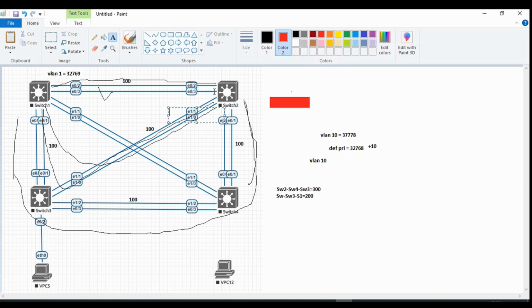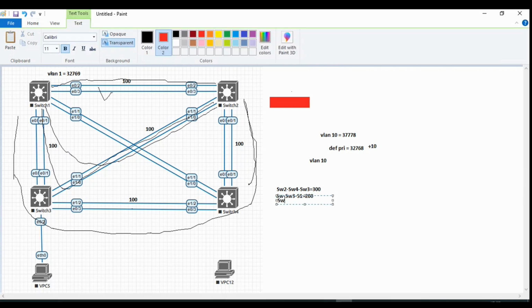Now we have the closest path, which is directly connected to the root bridge switch, and the cost is 100. So there is another path, switch 2 to switch 1, and the cost is 100.